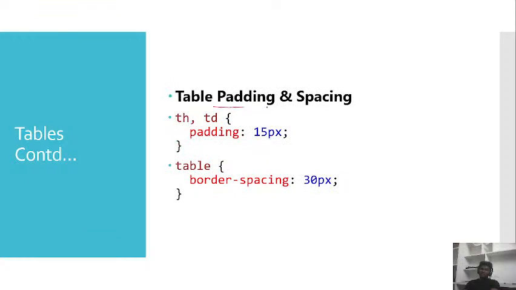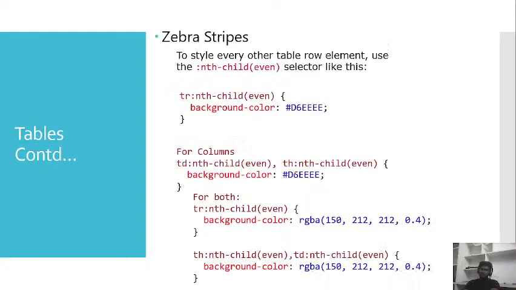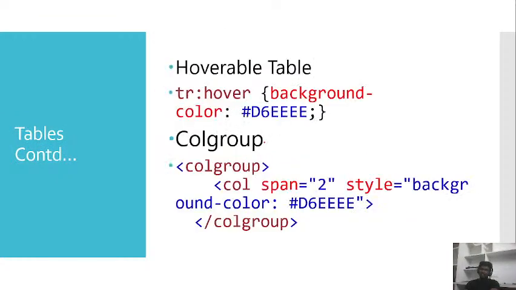Then table padding and spacing we discussed, and row span and column span also, then the caption tag, and zebra stripes. I will share the PPT, no worries. You can practice, and hoverable tables also we discussed.